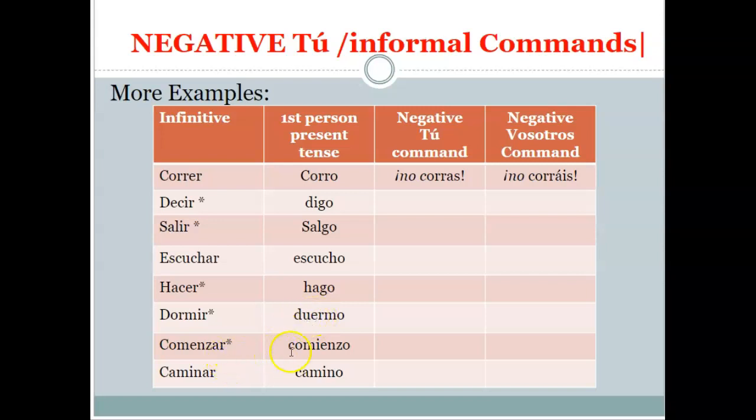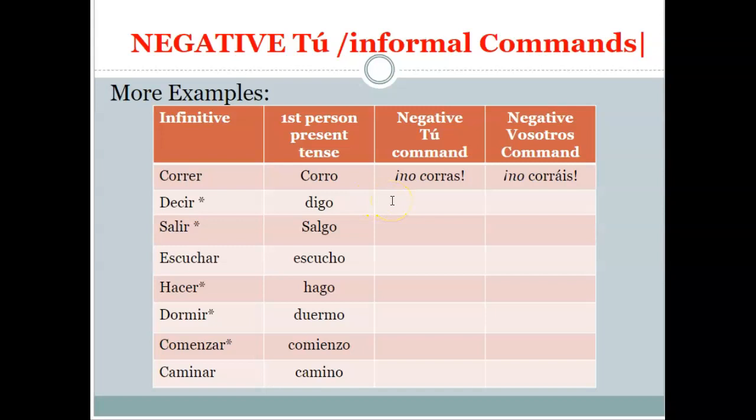Comenzar is also a boot verb, so this is comienzo. And caminar becomes camino. Do you remember what these words mean? Might have been a while. To say, to leave, to listen, to do, to sleep, to begin, and to walk. So just try to remember your vocabulary that goes with them.